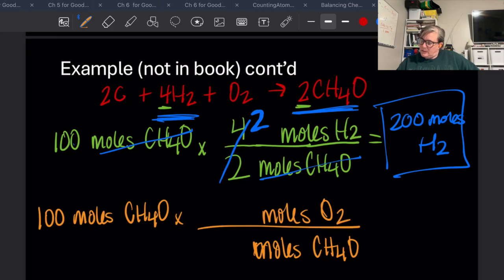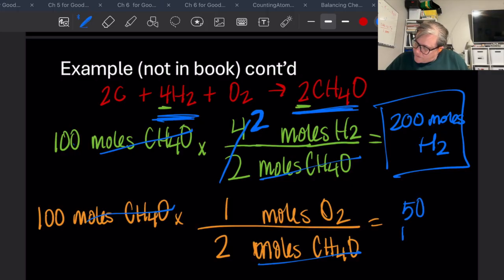And it's 2 moles of CH4O, just like always, and 1 mole of oxygen now. And so what's going to cancel? Moles CH4O, and now we have 100 times 1 divided by 2. So we have 100 divided by 2, and we're going to end up needing 50 moles of O2.